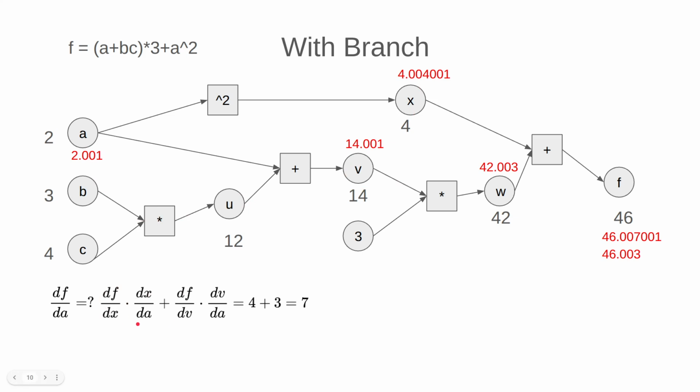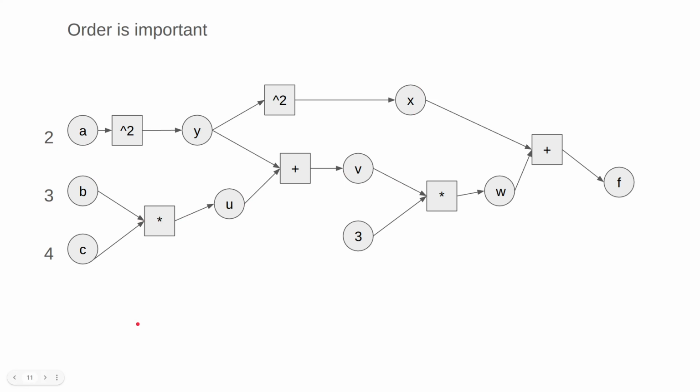Okay, so let's check a more complex situation. We have a branch here, and this variable with the branch is the output of some function. So let's see what will happen.